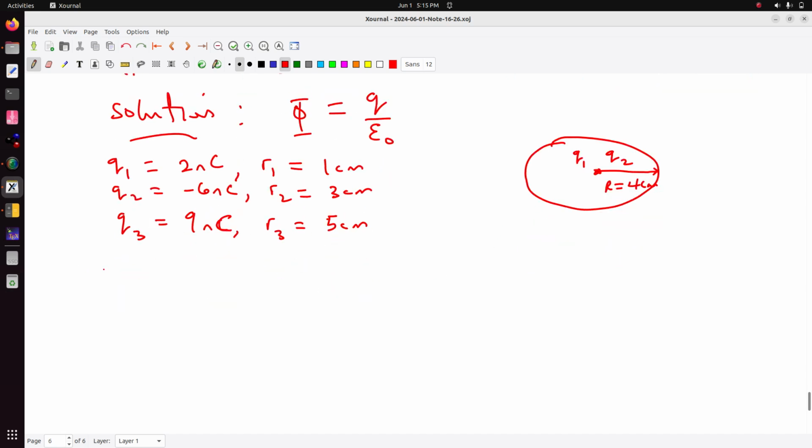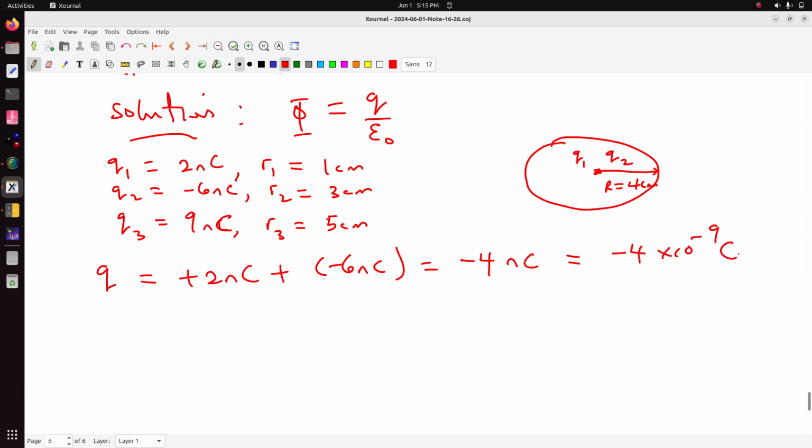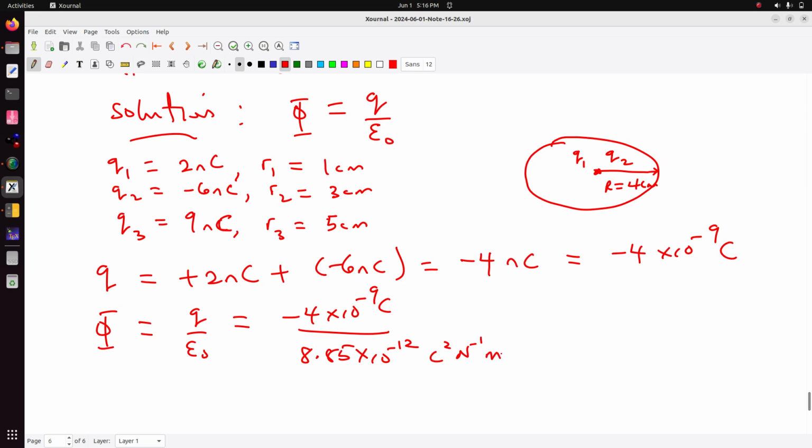The charge that will be considered is plus 2 nanocoulomb plus minus 6 nanocoulomb, so 2 minus 6 is minus 4 nanocoulomb, which is minus 4 times 10 to the power minus 9 coulomb. The electric flux is then Q over epsilon naught, which is minus 4 times 10 to the power minus 9 coulomb divided by 8.85 times 10 to the power minus 12 coulomb squared per Newton per meter squared.